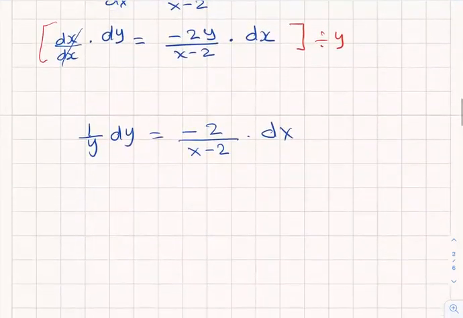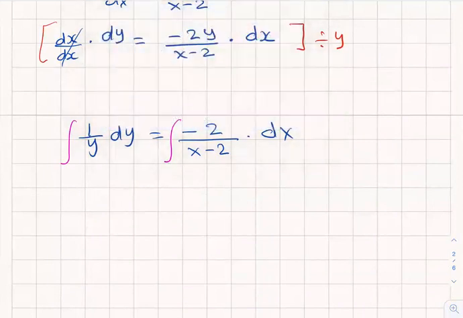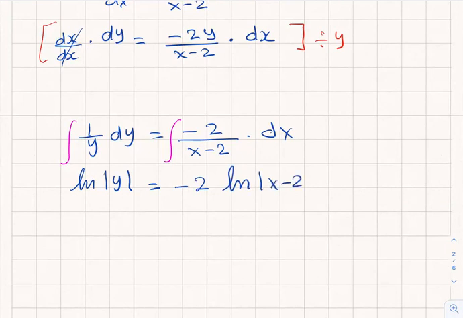Right, now we can integrate both sides. So integration for both sides, as we did yesterday, 1 over y dy is ln y. So this is going to be ln y equals the integration of minus 2 over x minus 2. We can say it's minus 2 ln x minus 2, and then plus c. I'll just write it down here for you as a note.